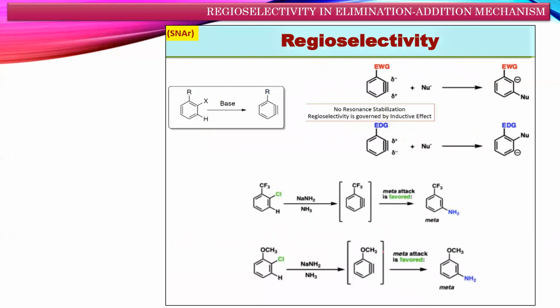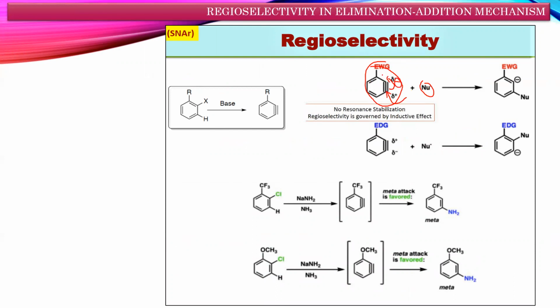Let's consider our intermediate is this one, benzyne with an electron withdrawing group substituent, and the nucleophile attacks. If the nucleophile attacks here, the minus charge comes here, right?